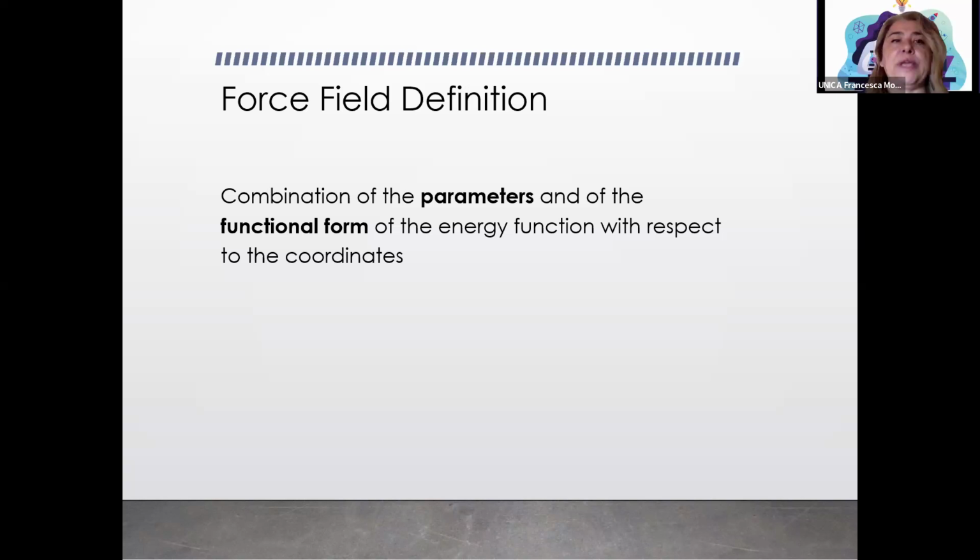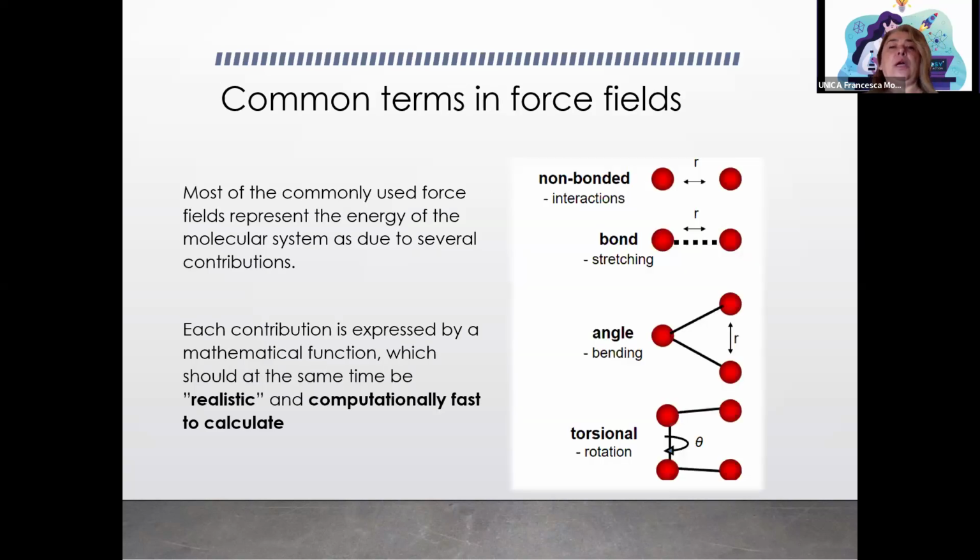In other words, we can have different, very different force fields that have the same functional form but different sets of parameters. In the force fields that are used to simulate biomolecules, especially large biomolecules, the most common terms that are used to represent the energy of the molecular system are due to, let's say, 4 contributions.